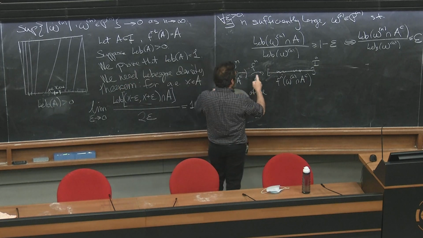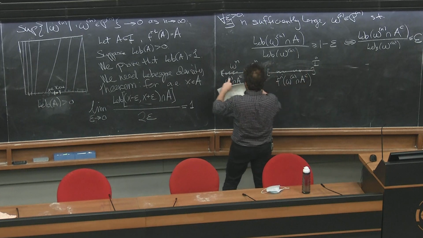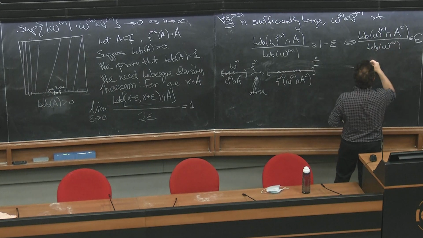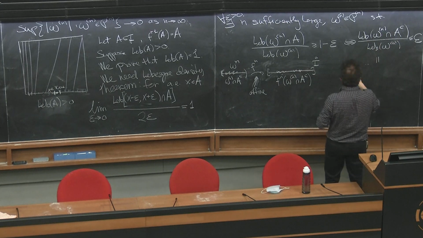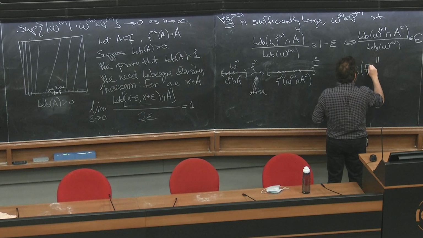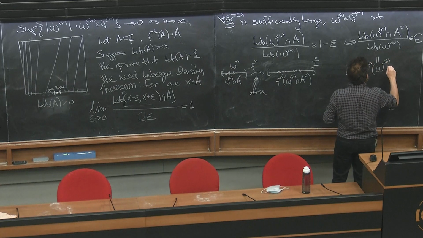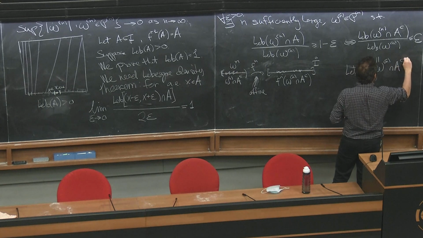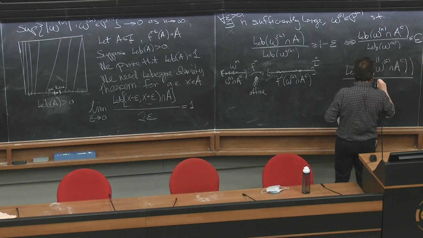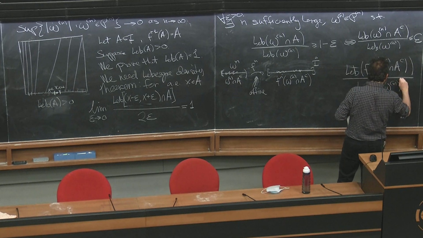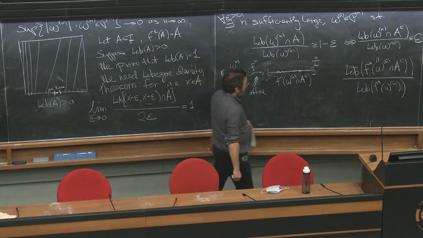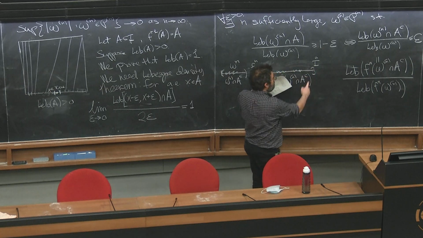So it means that the ratio between this and this, the ratio between omega n, this ratio here, is exactly equal to the ratio between the images. So here we take the Lebesgue measure of the image of omega n intersection AC, and here we take the image Fn of omega n. But of course, Fn of omega n is just the whole interval here, right?